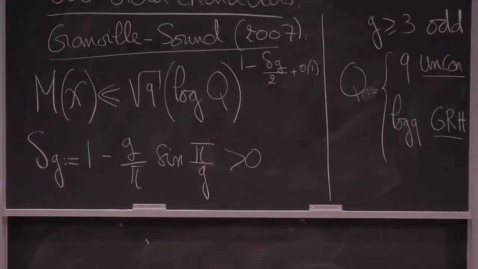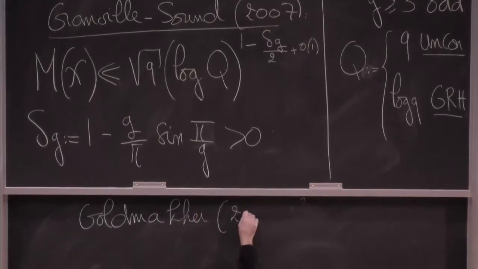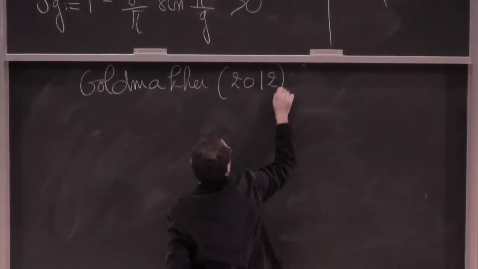So Granville and Lamzouri also conjectured that you should be able to get the full constant delta g, not delta g over 2, and that the conditional part with delta g should be best possible. And this was proved by Goldmacher in his thesis, which appeared in 2012.